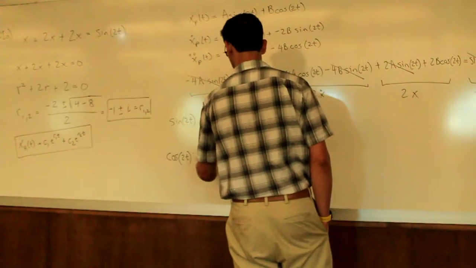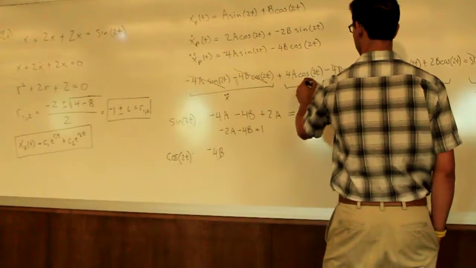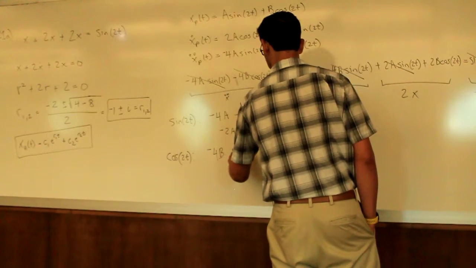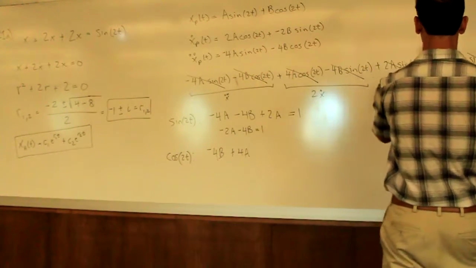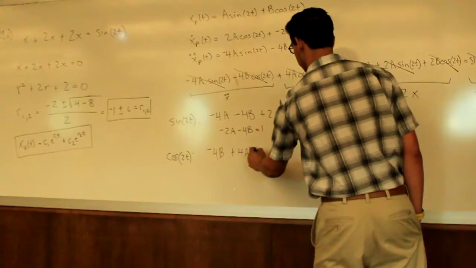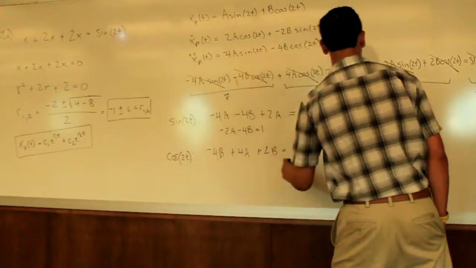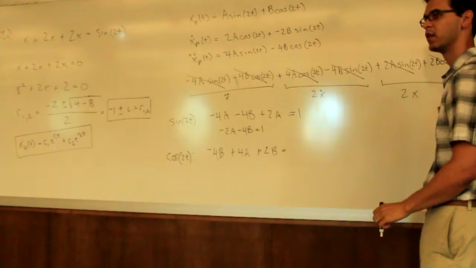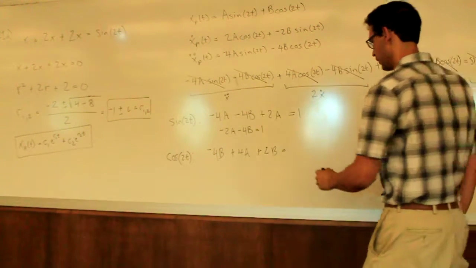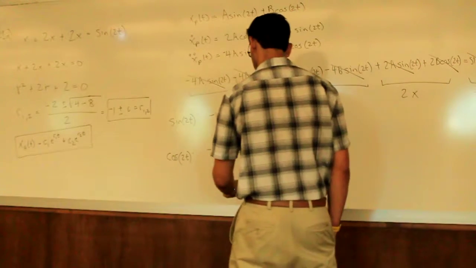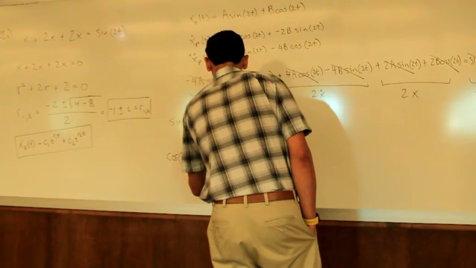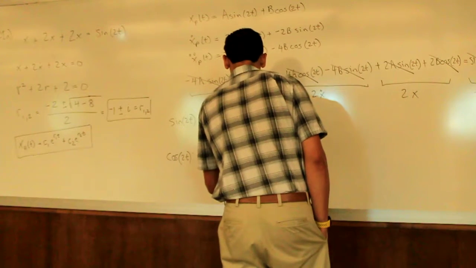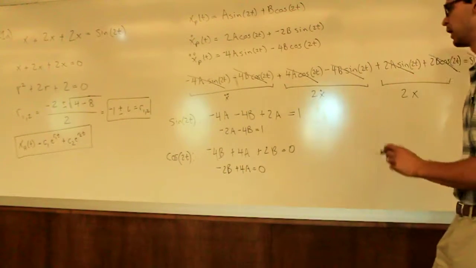Negative 4b, plus 4a, plus 2b. Okay, what do I do here? Equals 0. How do you know that? Because there's not a cosine on the other side. So what's this equation? Negative 2b plus 4a equals 0. How do I solve that?